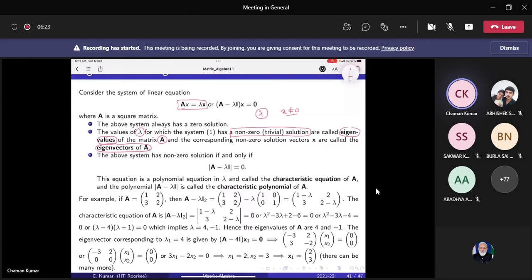Okay, so first you identify a value of lambda so that you can identify a non-trivial solution of the system Ax is equal to lambda x.